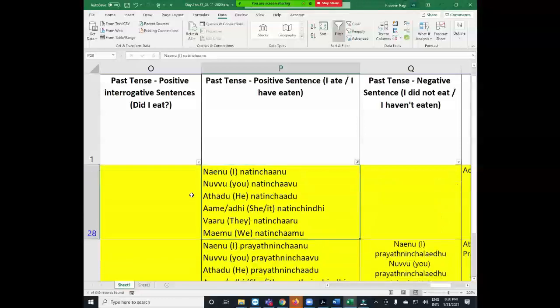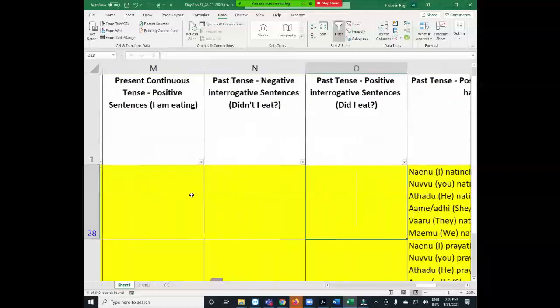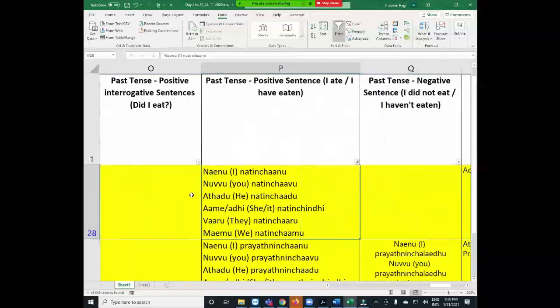So like this you can sort and start making your own verb conjugation tables. If you find any new verb in future, you can apply the same style. For example, a verb I did not include here, but which ends with the no sound. Based on this formula you can easily conjugate.